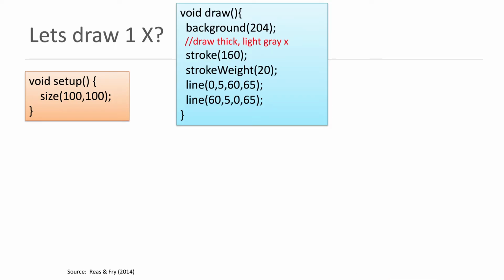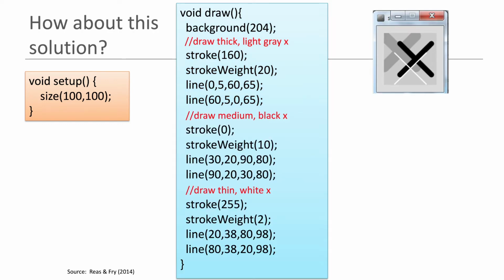Okay, so here's the code to draw a single X, hard-coded, no variables, all hard-coded numbers. If we wanted to draw multiple X's, we could continue that process with our hard coding.